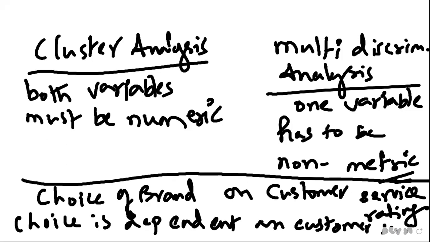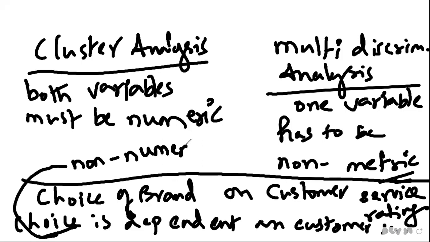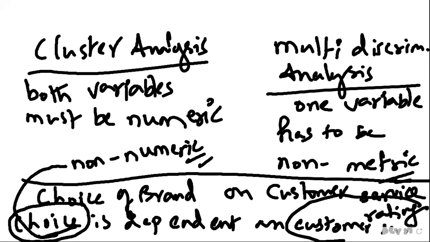That is the reason. This is called non-numeric. The choice is non-numeric. It is either yes or no. While customer rating, if you have to see, is numeric. Customer rating is totally numeric, and it can be anything in 1 to 10, 1 to 7, 1 to 5, and so on and so forth. Basically, that is the thing.